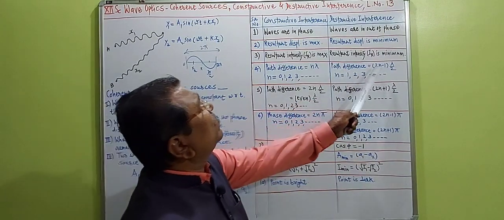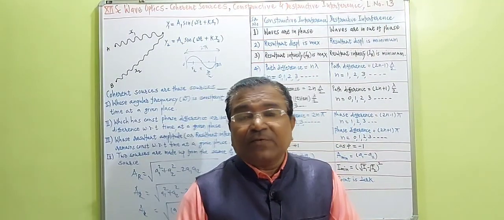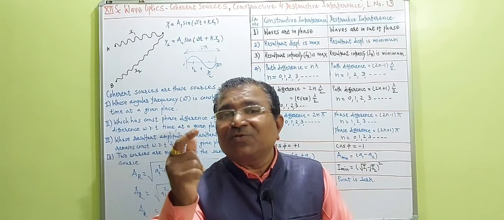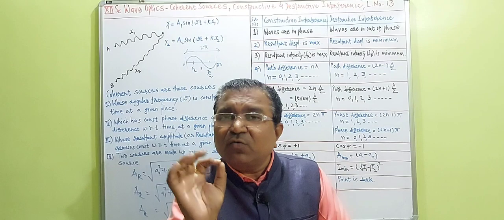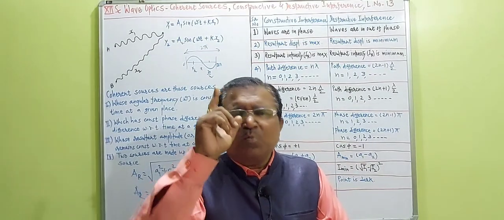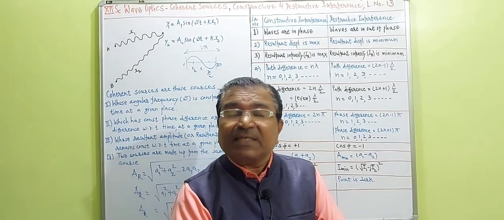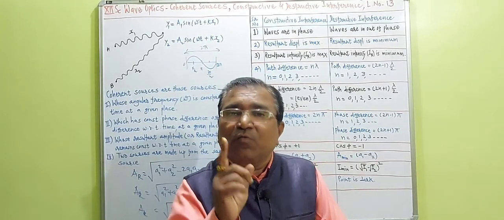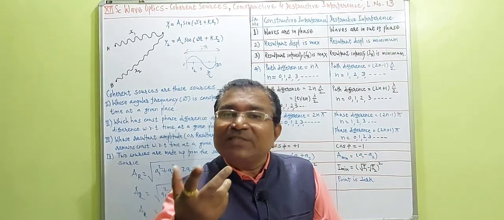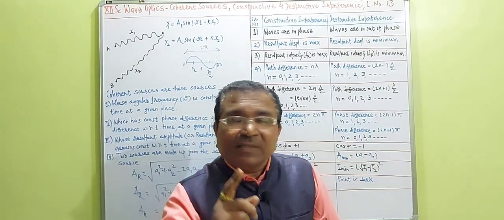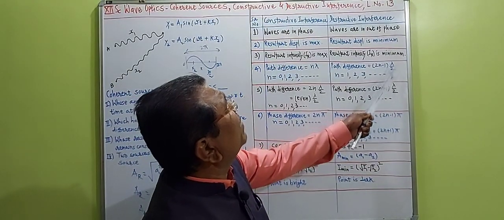Path difference is equal to 2n minus 1 lambda by 2. We should remember that formula. At that time n is equal to 1, not 0. Most important thing, dear students, at the time of destructive interference, n starts from 1, 2, 3, 4, if the formula is like this, 2n minus 1 lambda by 2.